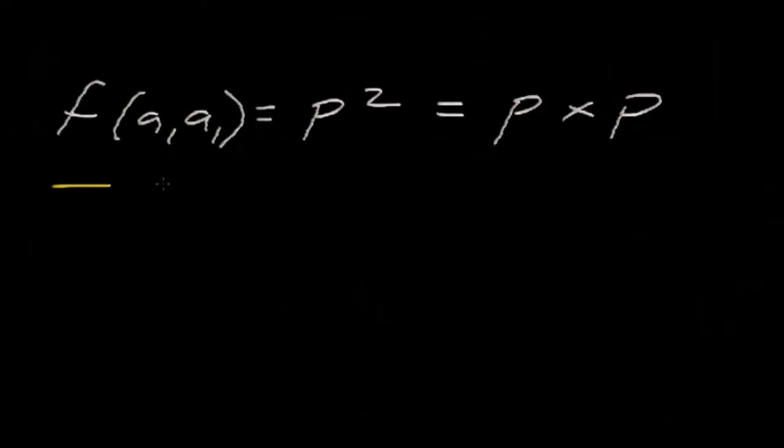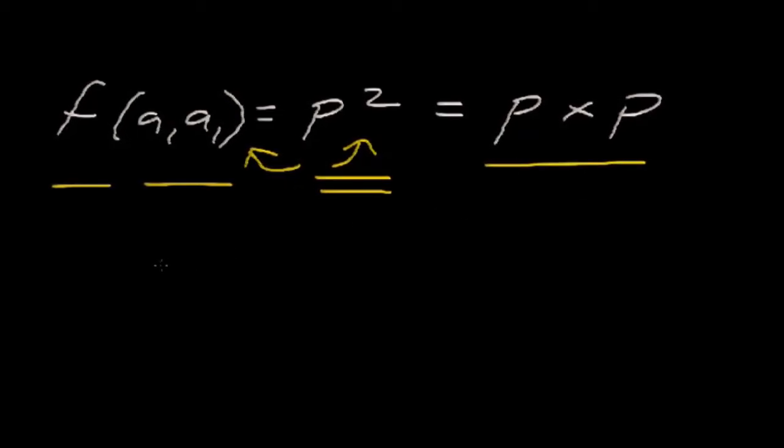The frequency of our A1, A1 genotype then would be p squared. From our equation, the p squared term represents the frequency of A1, A1. So that's simply p times p. We know in this population our p is 0.75.